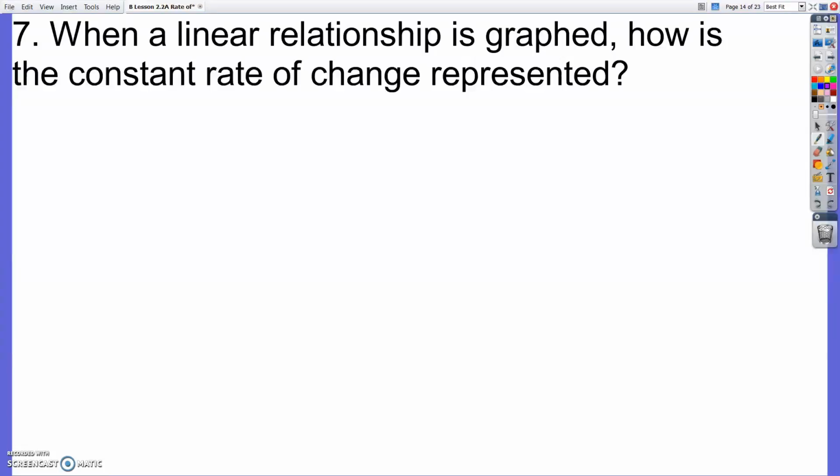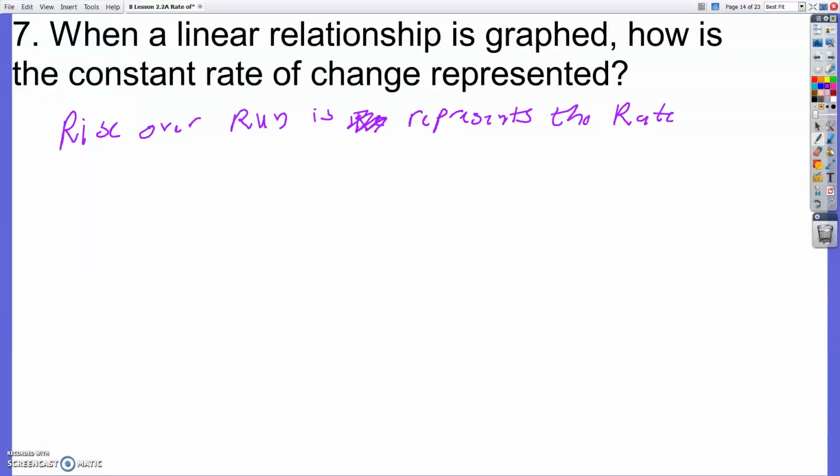So the rise over run represents the rate of change. So for instance, anytime you'll also have just learned this is the slope of a line.